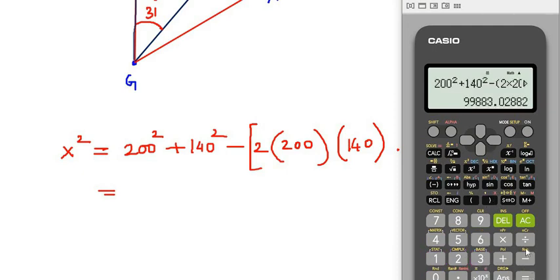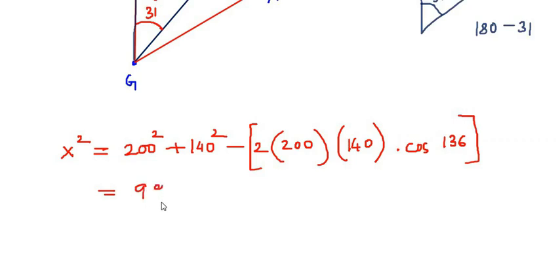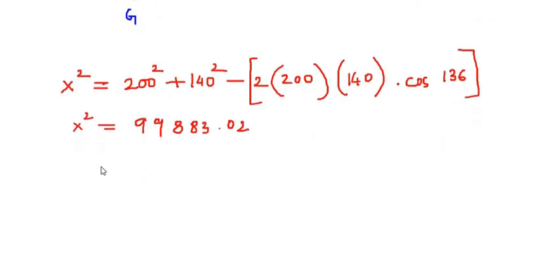So let's see what we get. We get 99,883.02. This is the x square. So if I have got to find out the value of x, I have to square root it. So square root of 99,883.02.